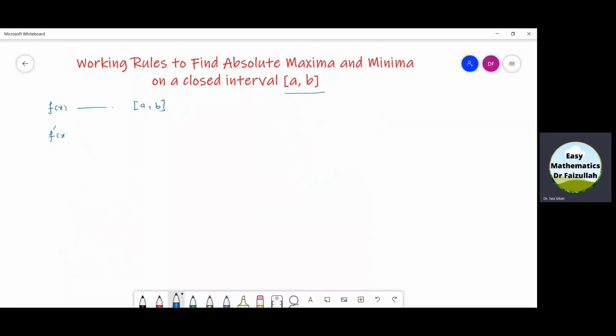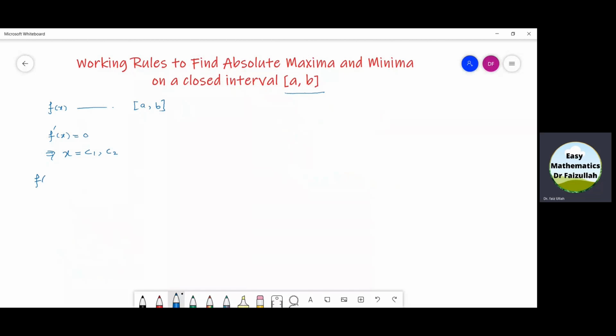So differentiate the function and put f dash of x equal to 0. From here, we can find the critical points. Let us say C1 and C2 are two critical points.